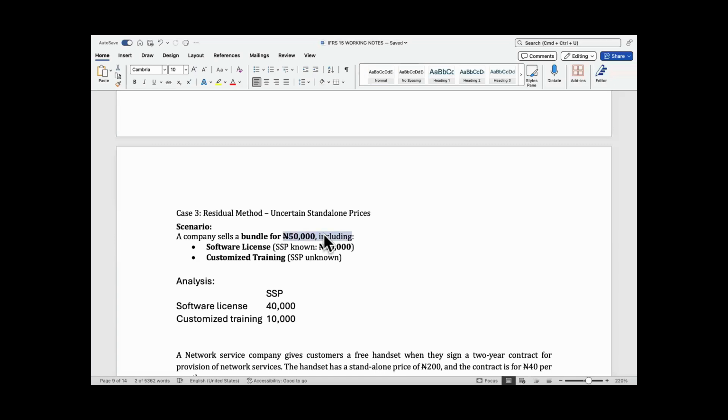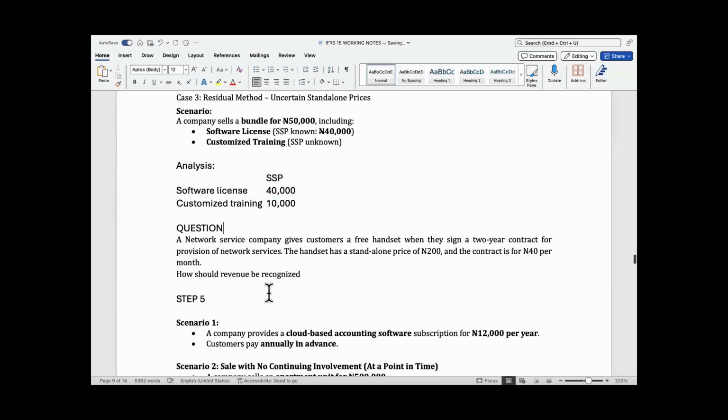No, we recognize revenue for separate performance obligations, for software separately, for customized training separately. Since they know the selling price of the software, we recognize that as revenue. Then the balance to make up the bundled price, which is 10,000, we recognize as revenue for the customized training. Now, look at another one.